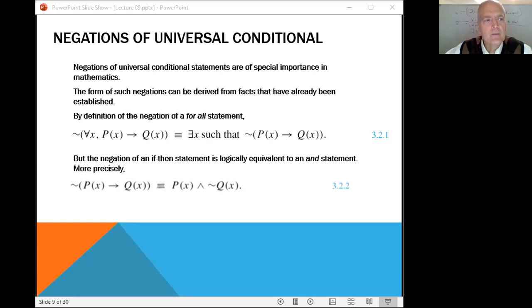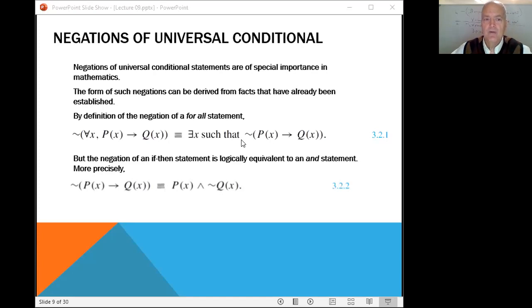So we have what we're looking at, the negation here of our universal conditional: for all x, if P of x is true, then Q of x is true. That's logically equivalent to an existential statement that we have at least one X such that it's not the case that if P of X is true, then Q of X is true.